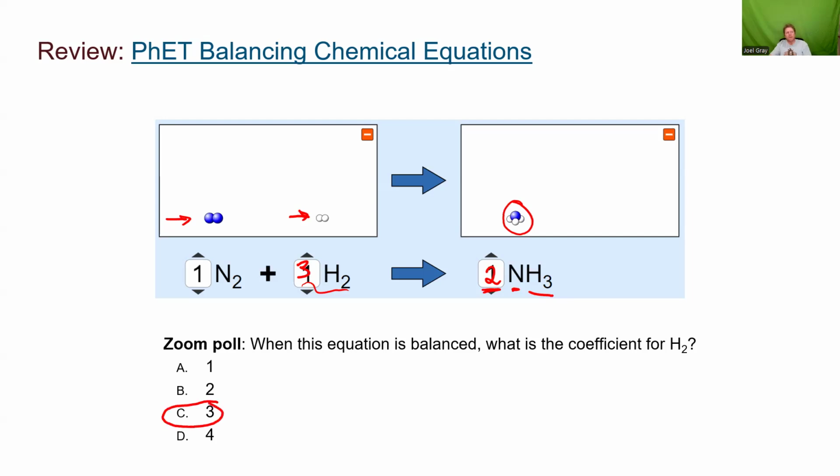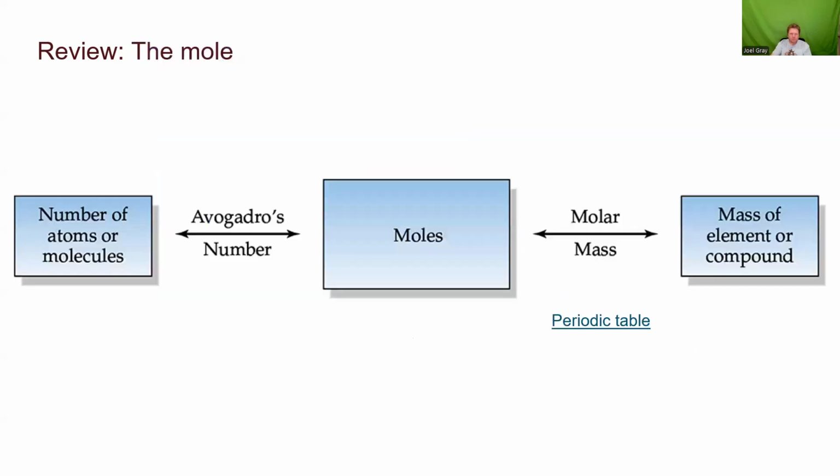Great. Now, next up, we talked about the mole. We talked about relationships between moles. Now, 1 mole of something, just like we talked about a dozen of something. If I had a dozen pens, that would have a certain mass.